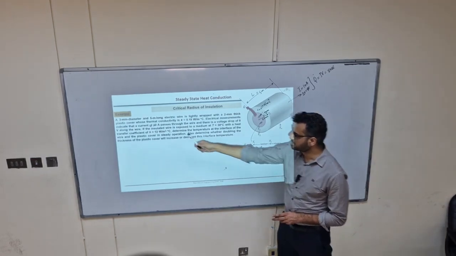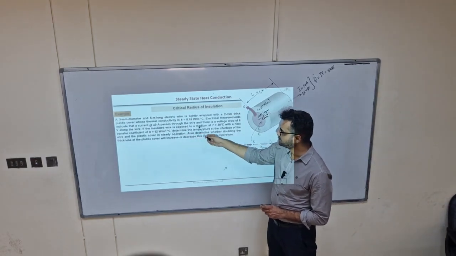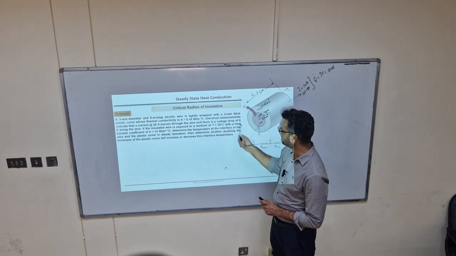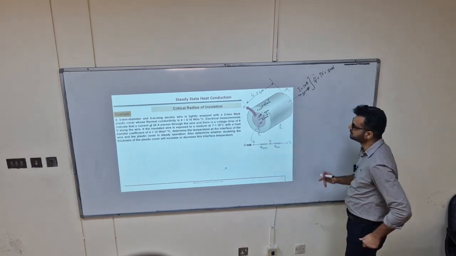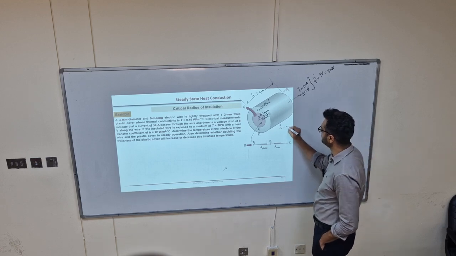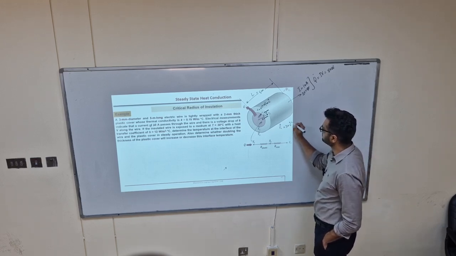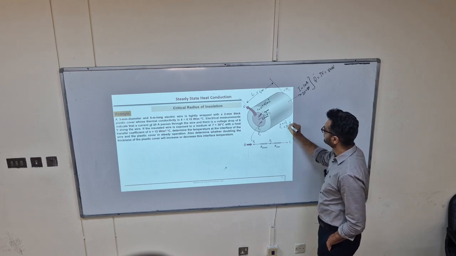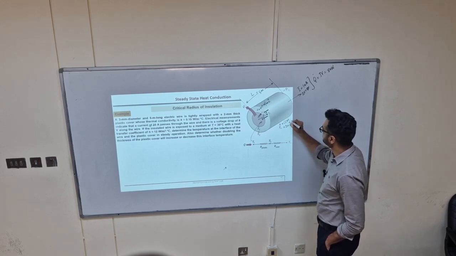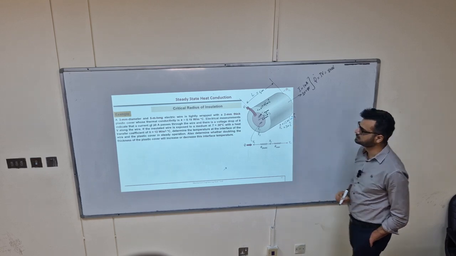Okay, this insulated wire is exposed to a medium at 30 degrees Celsius, means T infinity outside ambient is 30 degrees Celsius, with a heat transfer coefficient H outer of 12 watts per meter square per degree Celsius.